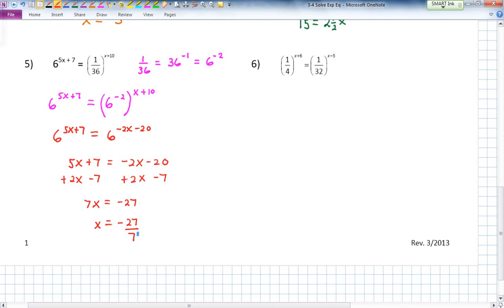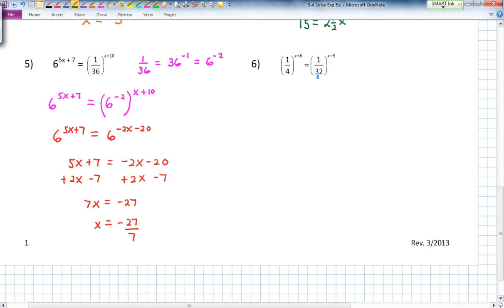All right? So right now on the right-hand side, on number 6, I want you to see if you can change both of the fractions, okay? Because 4 does not go into 32 as a multiple. In other words, 4 to the first power is 4, 4 to the second power is 16, but 4 to the third power is not 32. 4 to the third power is 64.